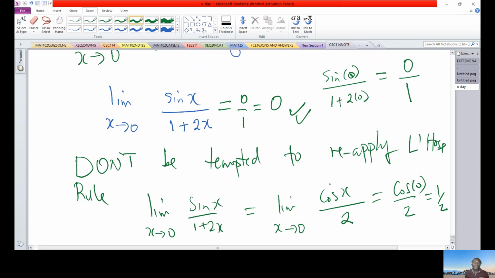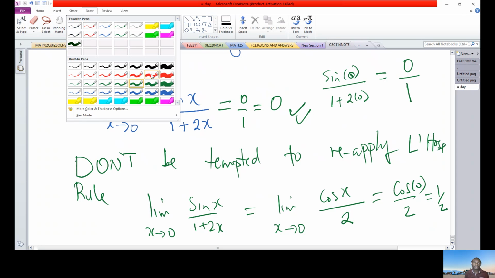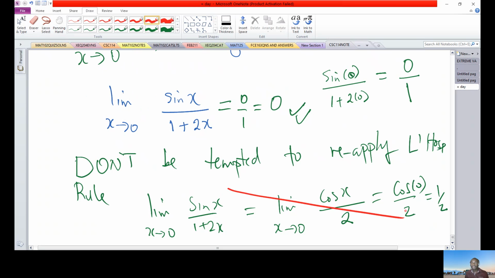If you do this one, the answer you have will be wrong. So the correct answer for this limit is just 0.